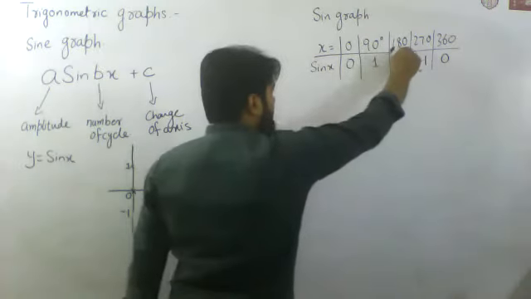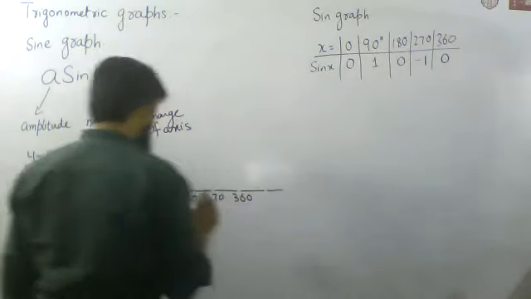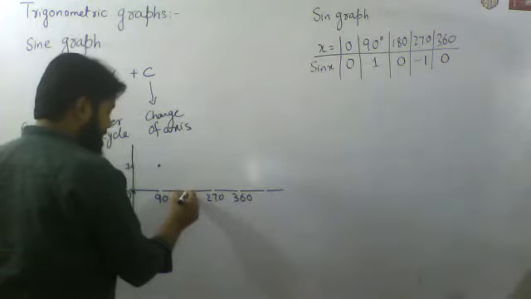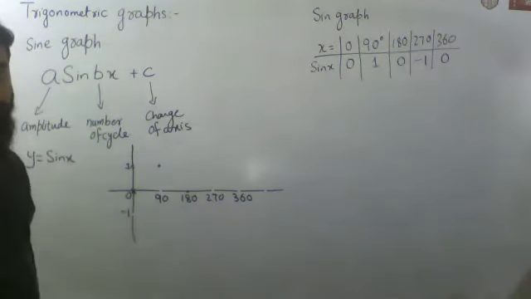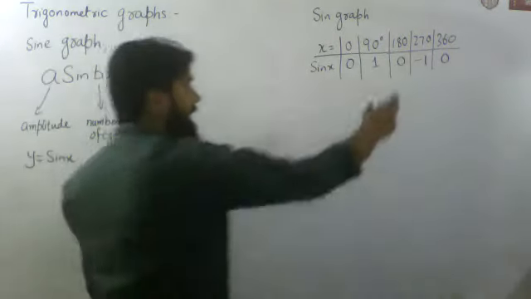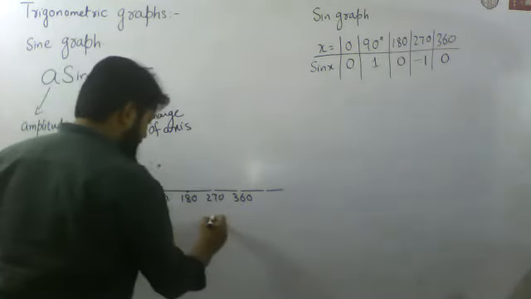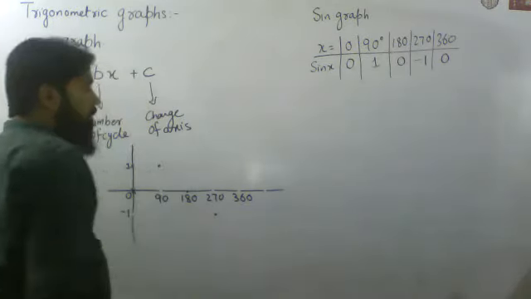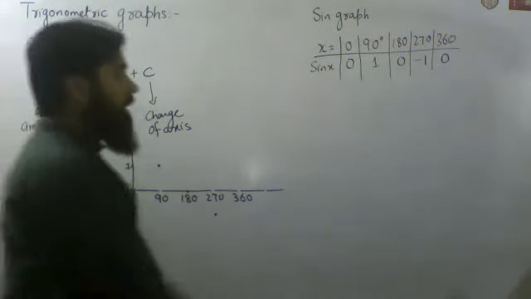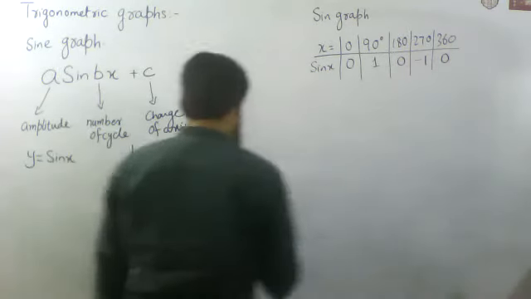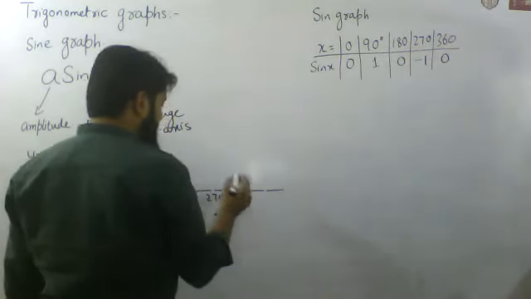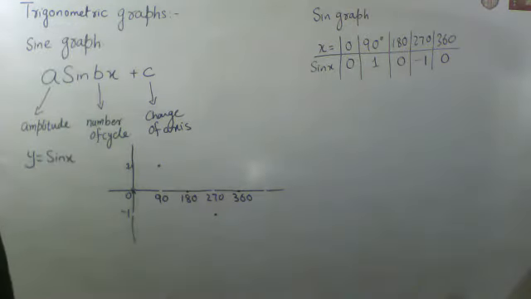Then again, at 180, the value is 0. At 270, the value is -1. At 360, the value is 0.